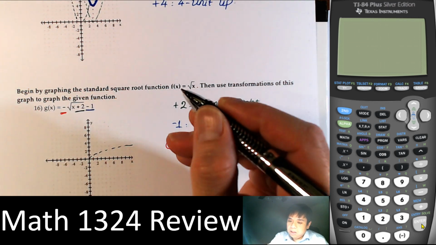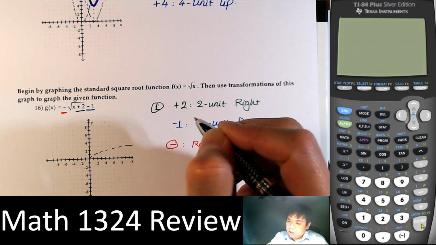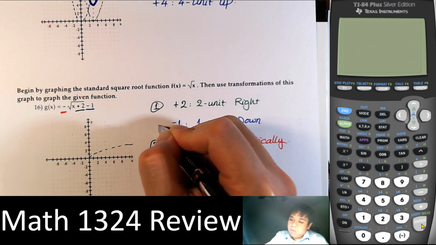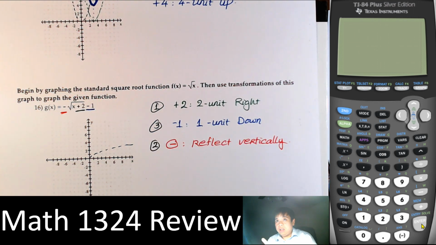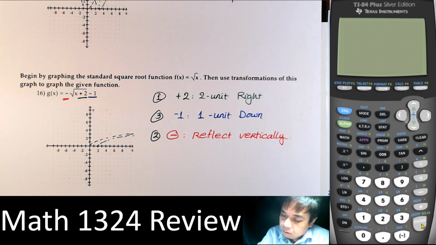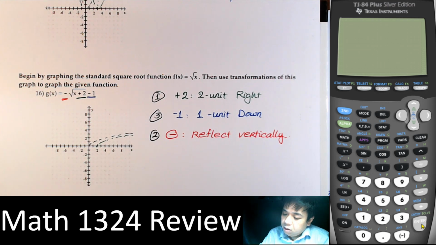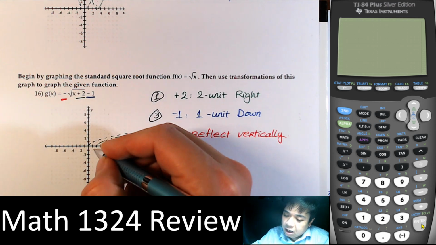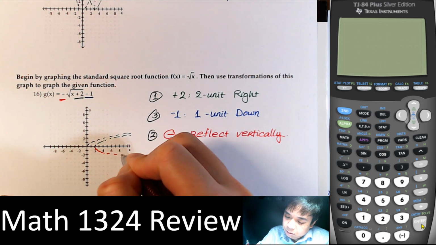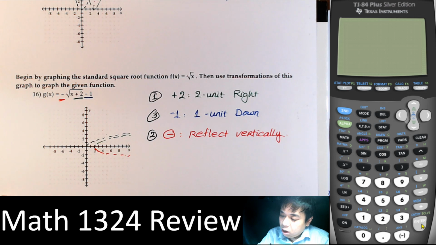So the step is inside first and then outside. On the outside, multiply, divide before add or subtract. So we have to do in that order. First we move to the right and then flip it upside down. And then 1 unit down.